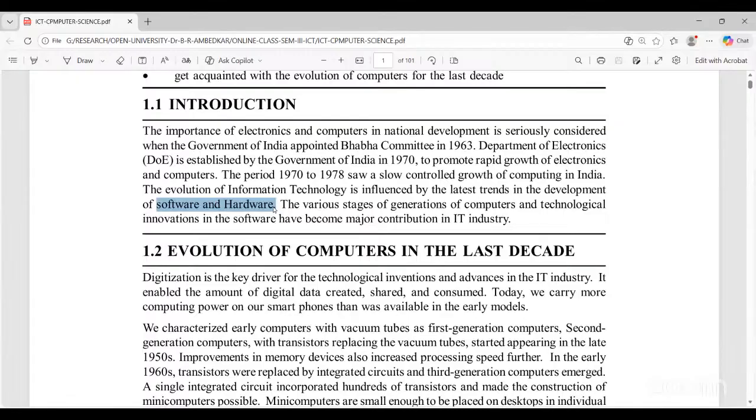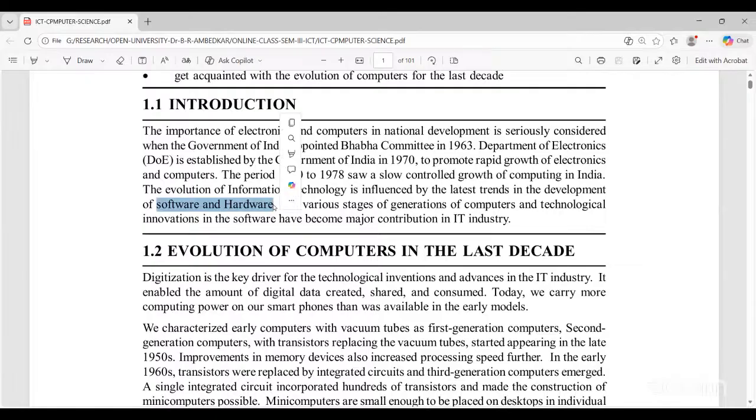The second point is that ICT is the combination of software and hardware, whereas the government promoted the growth of electronics and computers. So later on, it was separated into a separate concept called ICT. It is the development of software and hardware.